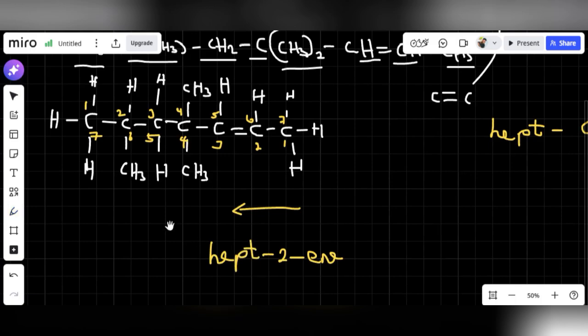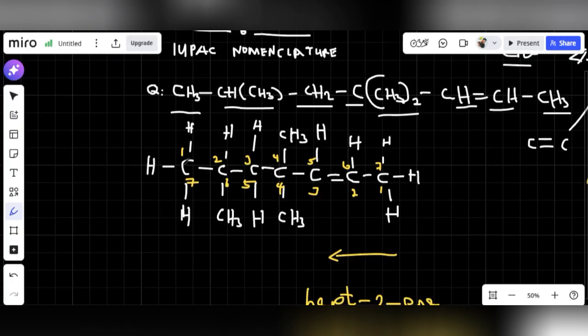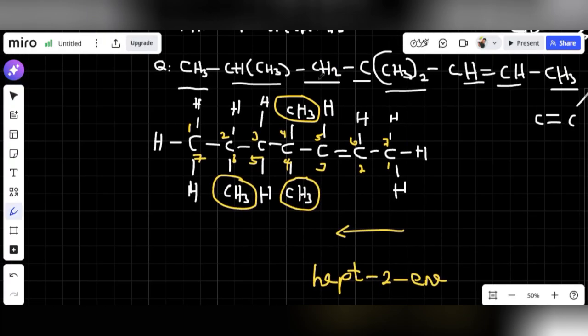But we are not done. We now look at the substituents. What are the substituents we have? We have methyl, methyl, and another methyl. First let's count how many methyl we have altogether: 1, 2, 3. That's trimethyl. If it is 4, that's tetramethyl. If it is 2, that's dimethyl.